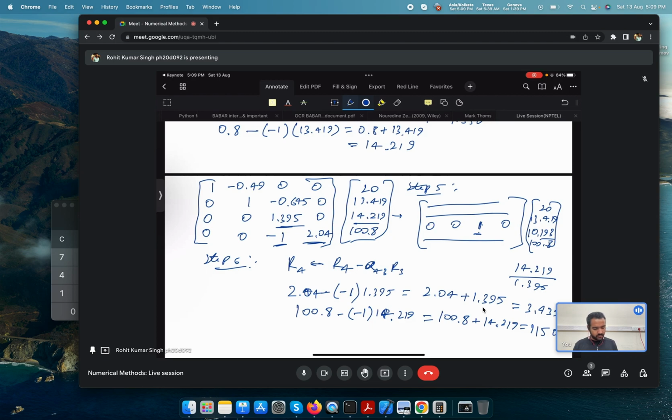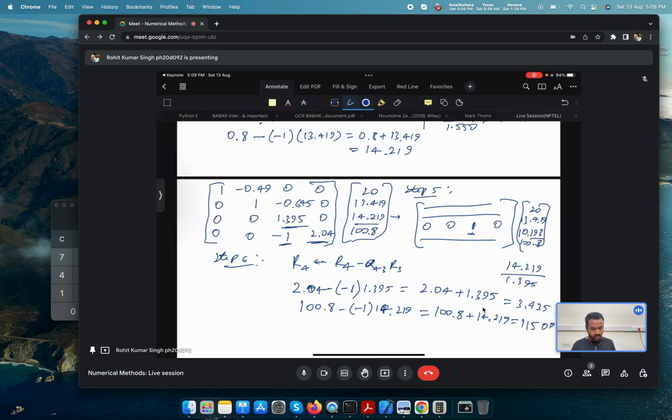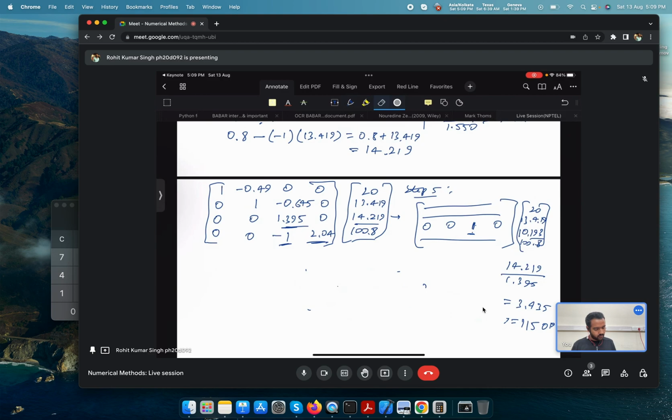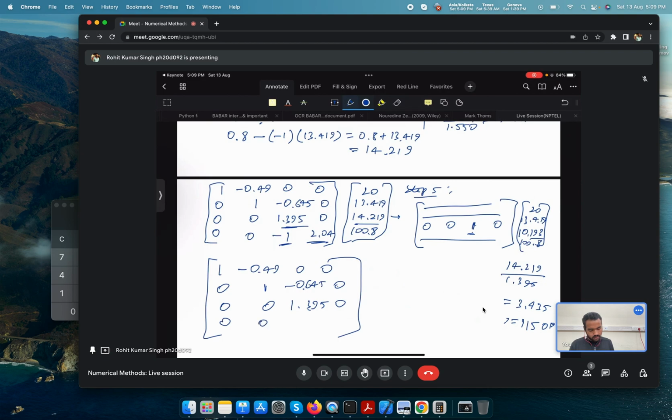So finally, after step 6, this is what you have in the matrix. I think it's well over time, let me just finish quickly. After step 6, we will have 1 minus 0.490, 0; 1 minus 0.645, 0; 1.395, 0, and this will be 0, and here you will have 3.435.